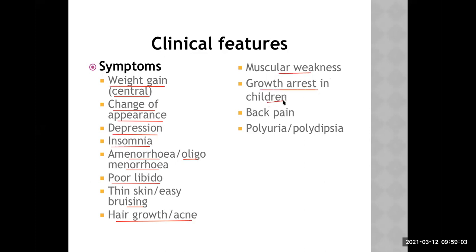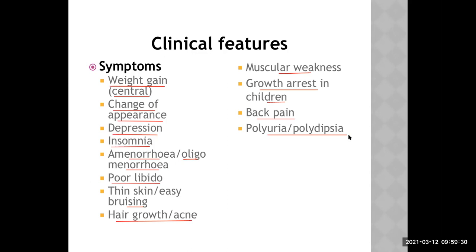very, very important feature. This is what happens because of excessive glucocorticoid. They do not allow that growth plate to expand or to grow. Back pain because of osteoporosis, and polyuria and polydipsia. These are the effect in the kidney. This is because of chronic hypokalemia.